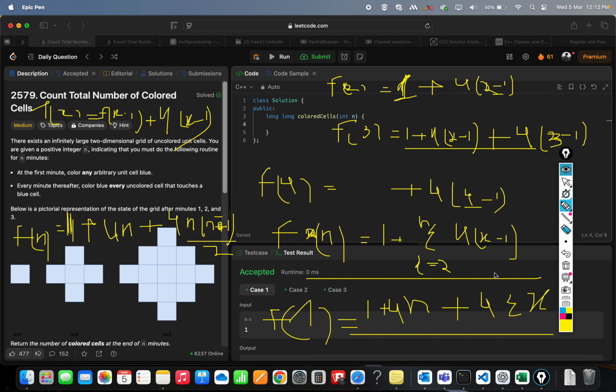And one more thing, guys, this is minus 2, right? So this is 4n minus 2, right? Because we have 2 to n, and also here n will become n minus 2.